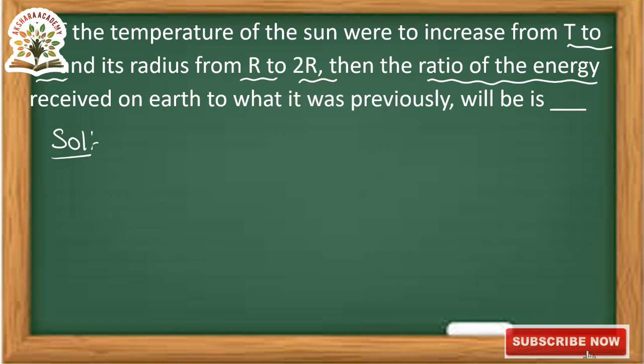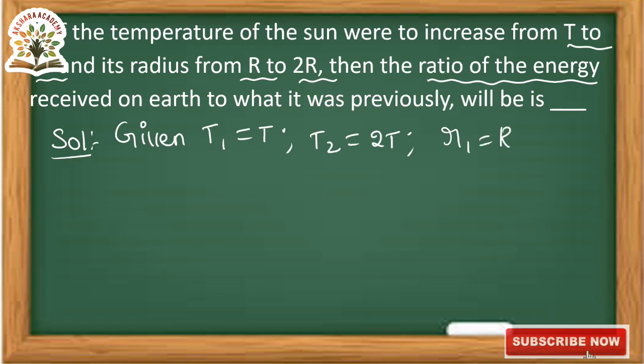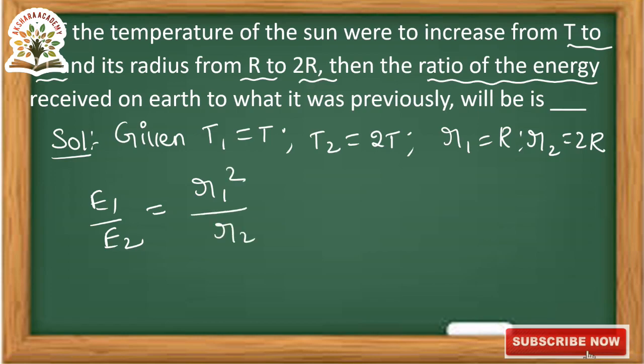Now we'll write here what is given. Given T1 is equal to T and T2 is equal to 2T, and R1 is equal to R and R2 is equal to 2R. Now from Stefan's law, E1 by E2 is equal to R1 square by R2 square into T1 to the power of 4 by T2 to the power of 4.